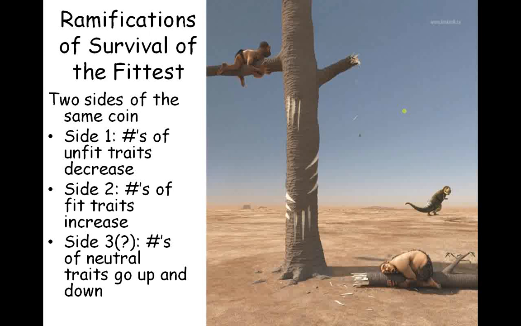A great example of that is HIV resistance. If we didn't know anything about HIV, individuals with HIV resistance could exist all over the world, and it wouldn't be something we would worry about.